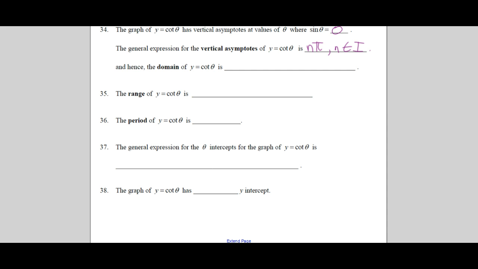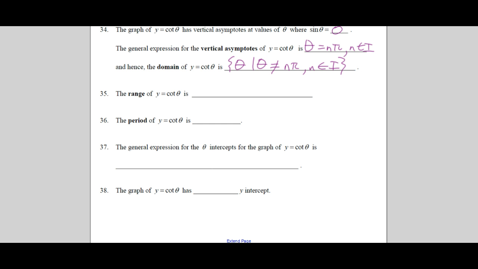So theta equals n pi. What's the domain? Instead of writing is equal to, we say is not equal to. Where the asymptotes are is where the domain is not. So the set of all theta such that theta is not equal to n pi.